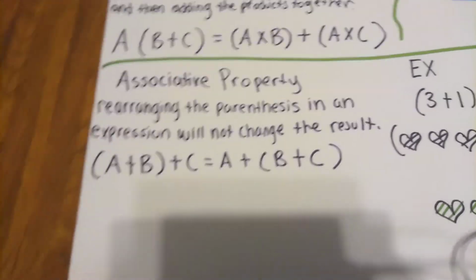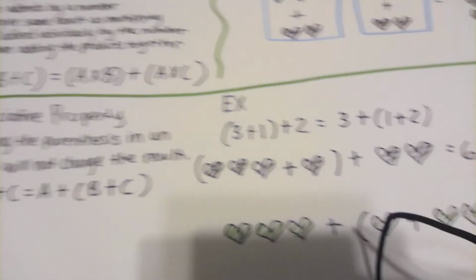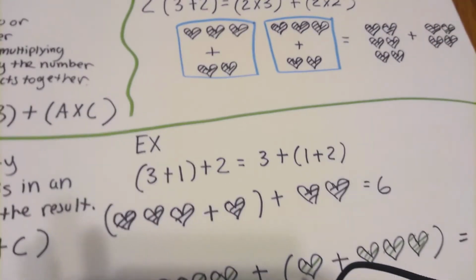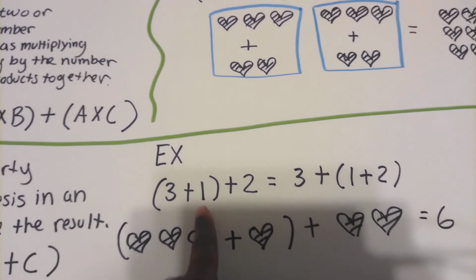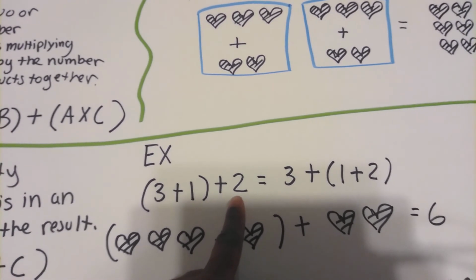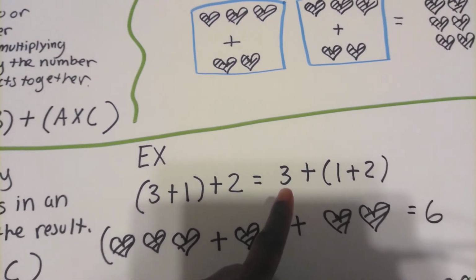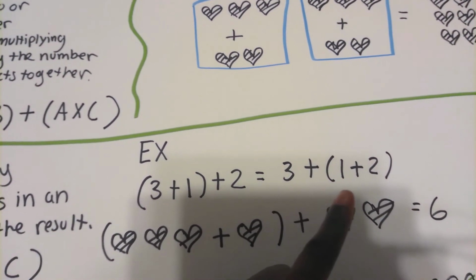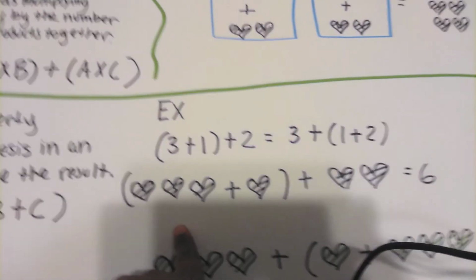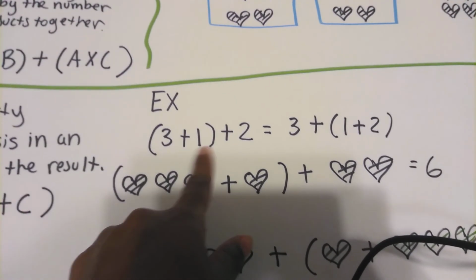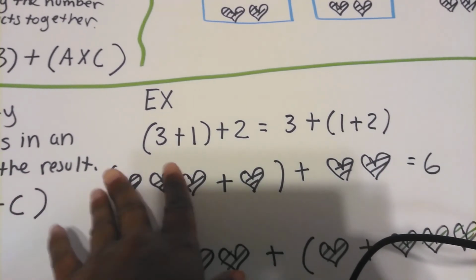Here's our example of associative: (3 plus 1) plus 2 equals 3 plus (1 plus 2). Here's our visual to represent each part of the equation.